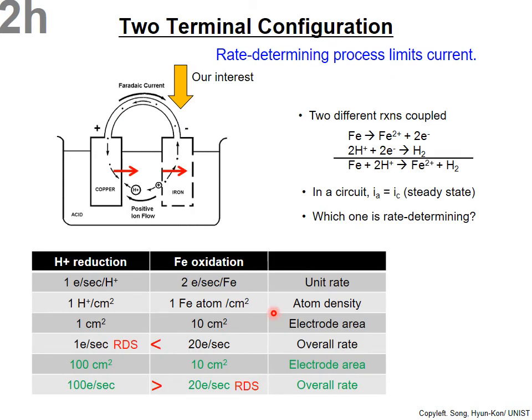The electrochemical cell has two different electrochemical processes. Actually, at least two different electrochemical processes. One is oxidation, and by using the oxidation, you can provide some electrons into the system.